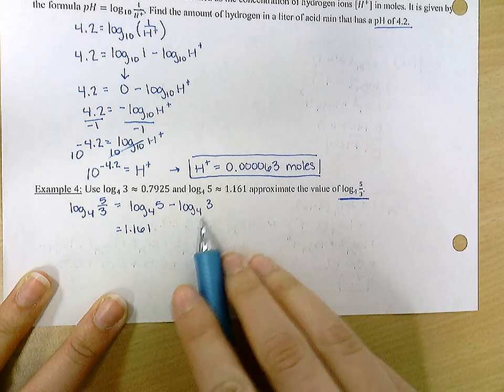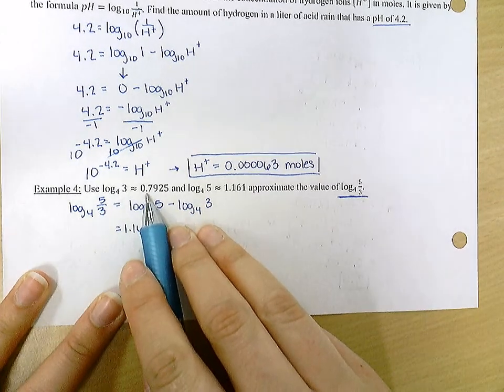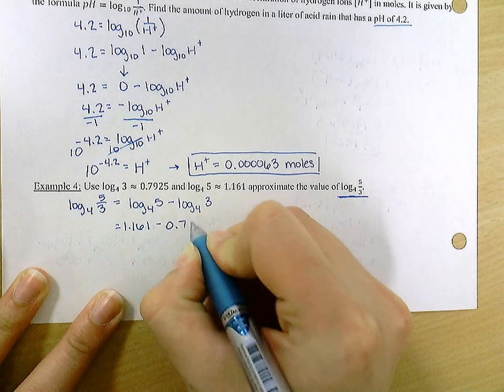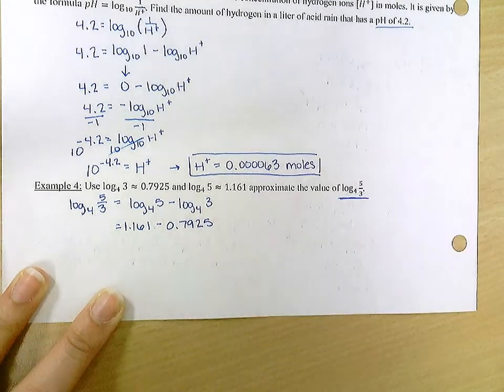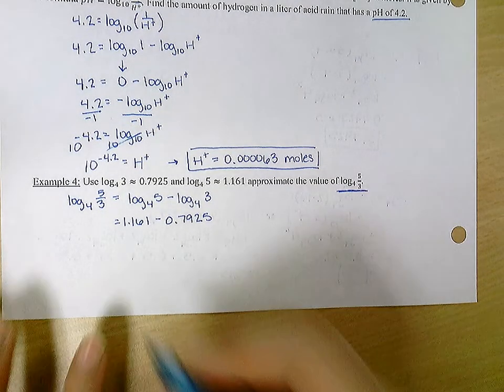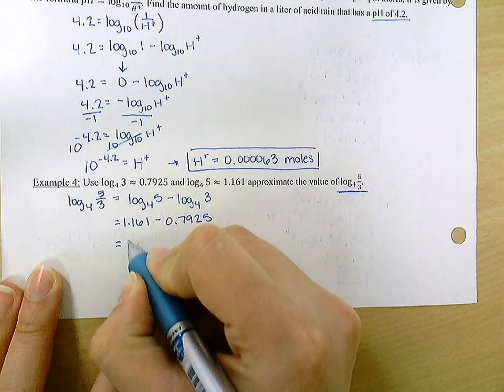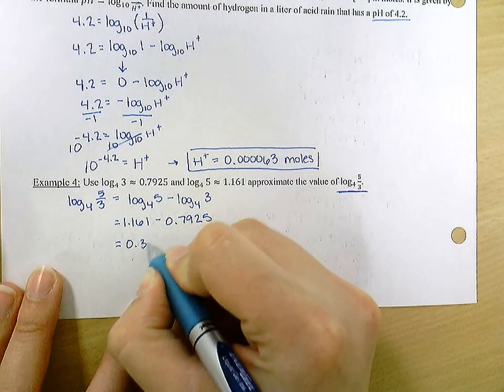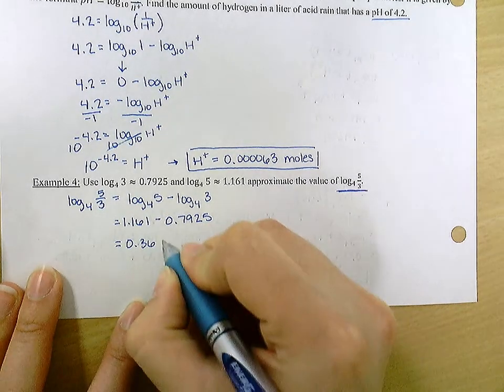Same thing with log base 4 of 3, where we're given that approximation here. I can replace that with 0.7925. Then I can just subtract those two values to get my approximation of 0.3685.